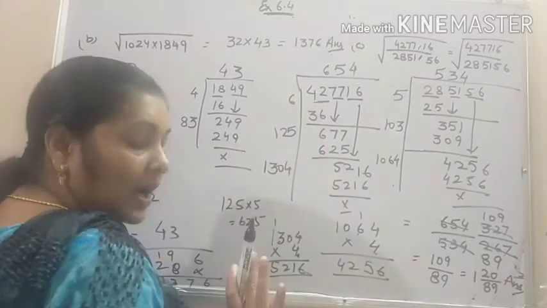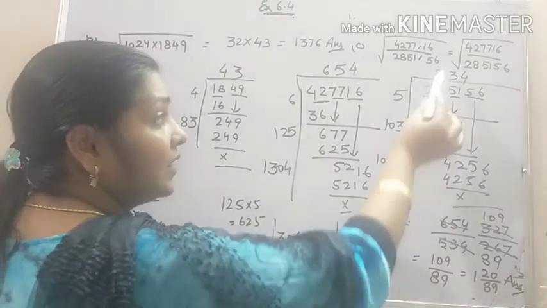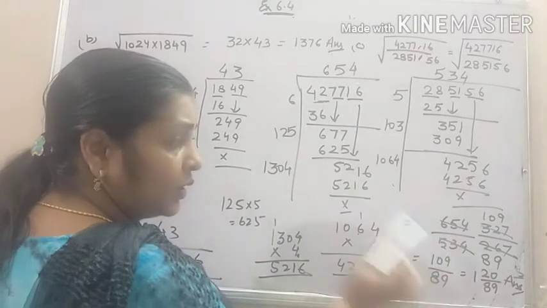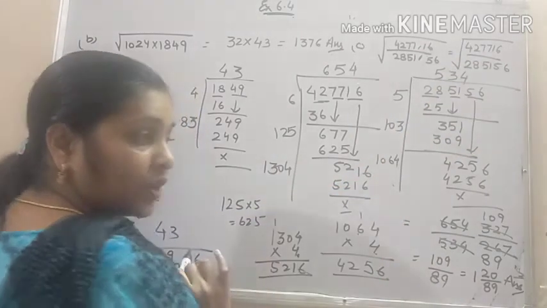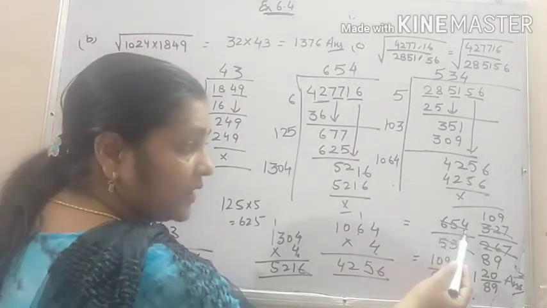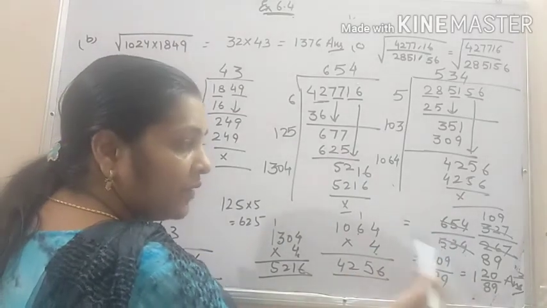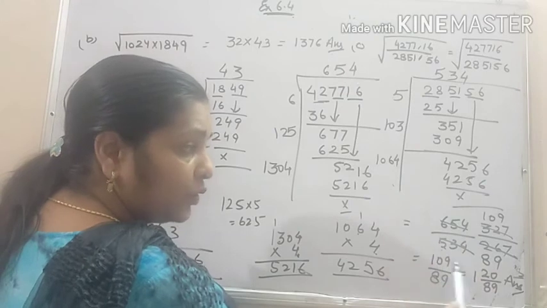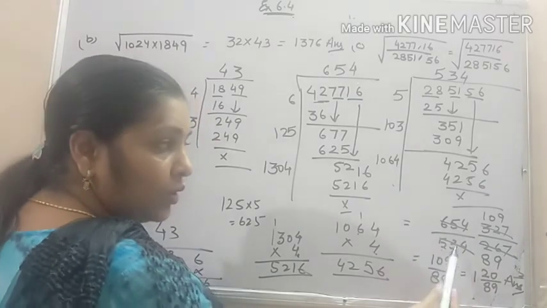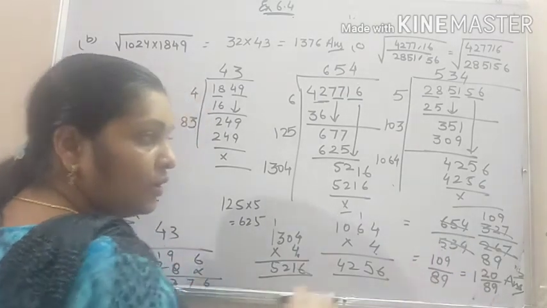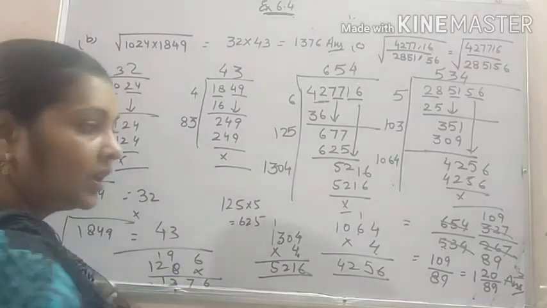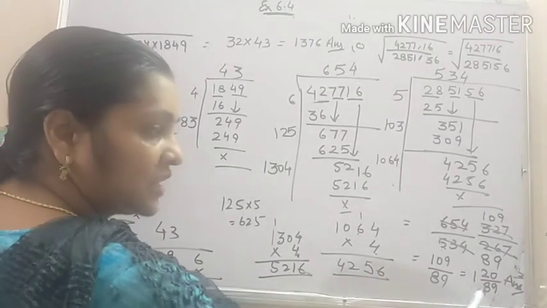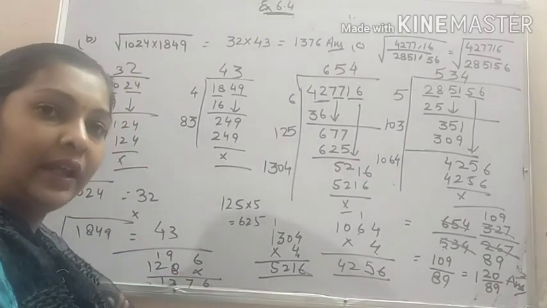Now roots are there with us, so I will cancel the roots because we have to apply the division operation over there. So I will divide 654 by 534. That means I have to convert this fraction into the lowest term. So our answer comes out to be 109 by 89. Converting it into a mixed fraction, we get 1 20 by 89.